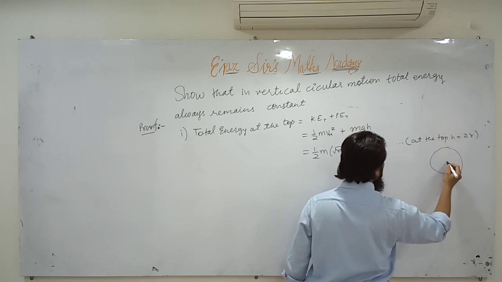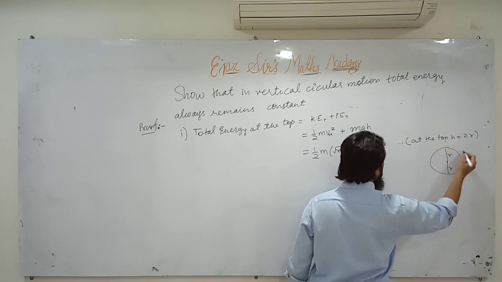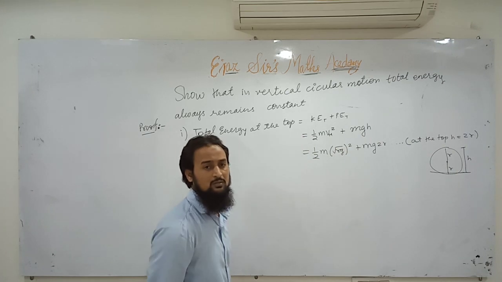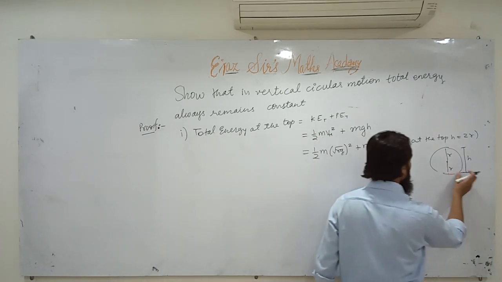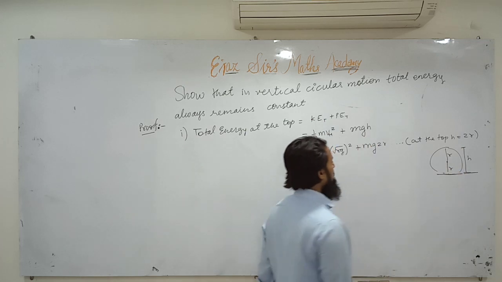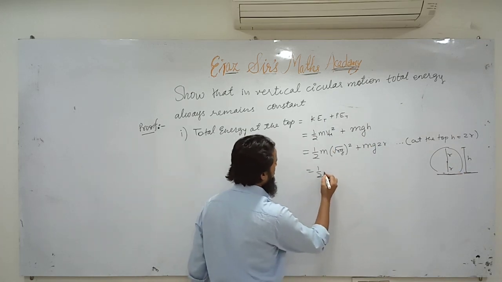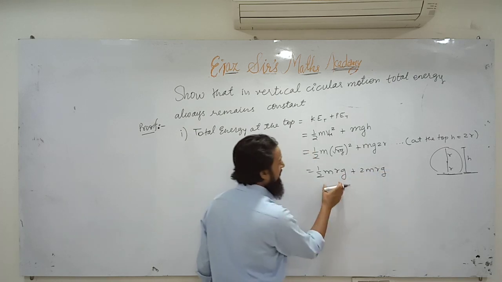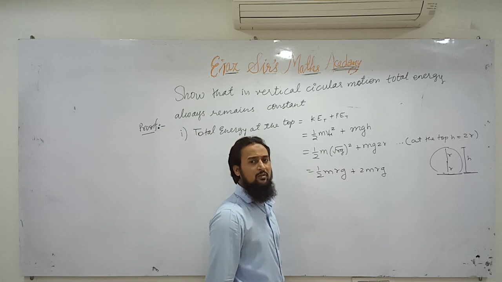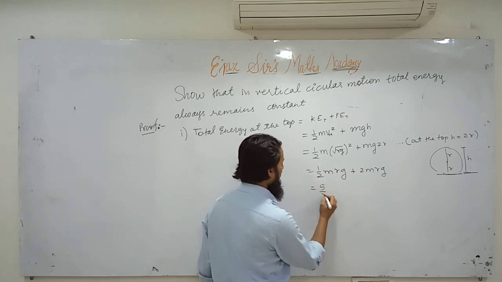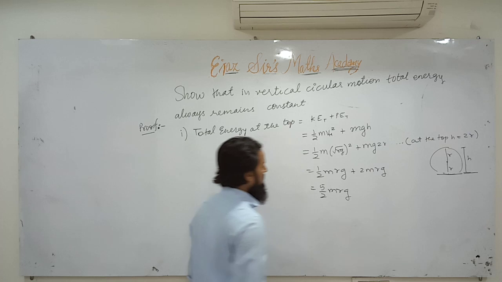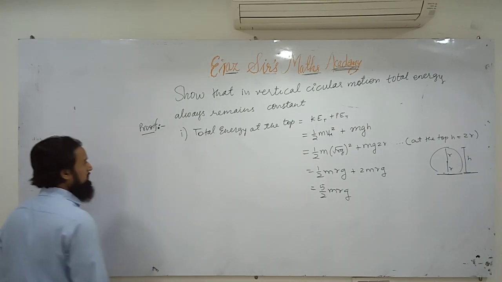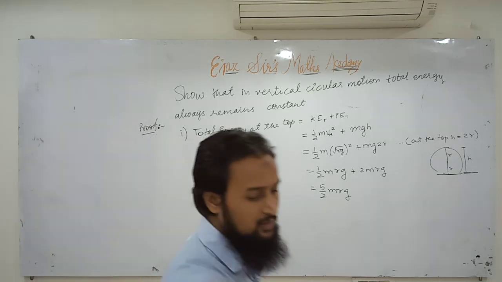This is R and this is also R, and this is height from the ground level. So this is half m Rg plus 2 mRg. Half mRg plus 2 mRg is 2.5 mRg, meaning 5/2 mRg. This is the total energy at the highest position.